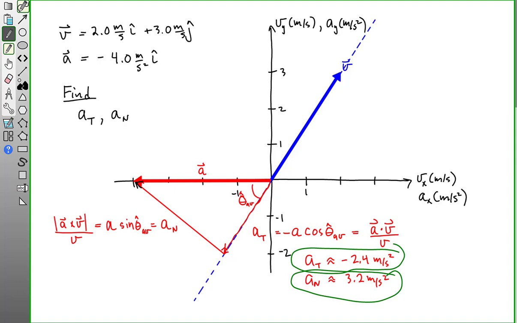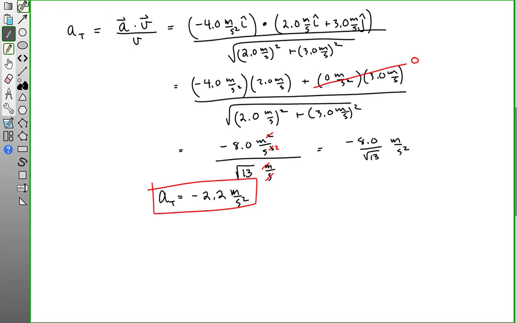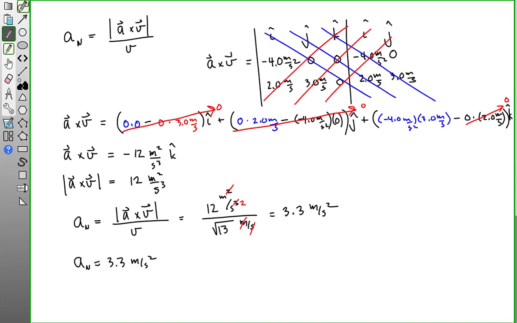And what that means is we use the sketch as a reality check. And for me, we got the confirmation that we did the correct work. So we could rest assured that we have found the normal component of the acceleration to be 3.3 meters per second squared, and the tangential component of acceleration to be minus 2.2 meters per second squared.